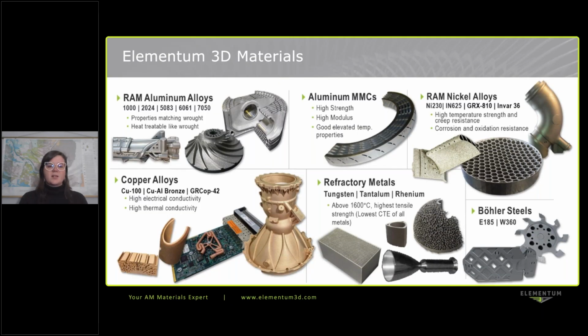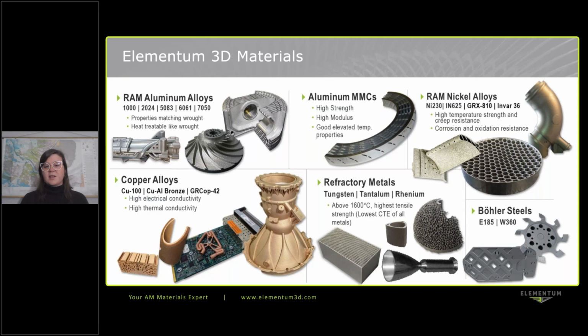Okay. So just a note on some of the different material classes we work on. We have many different aluminum alloys. For those of you who are familiar with our materials, you've probably seen some of our aluminum materials out there. I'll be talking a little bit to these materials, but we also work on particularly nickel alloys, copper alloys, refractory metals, and we've done some work in steel as well.